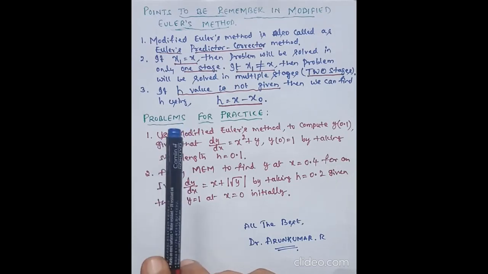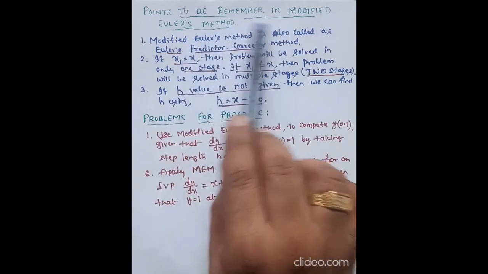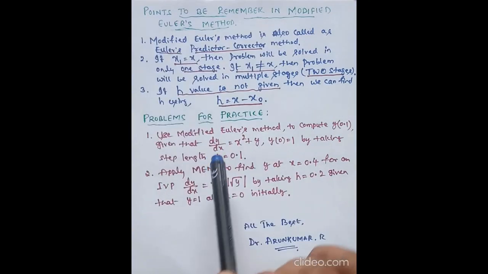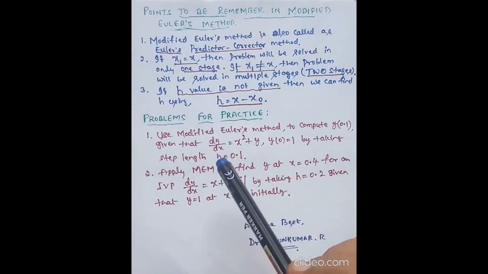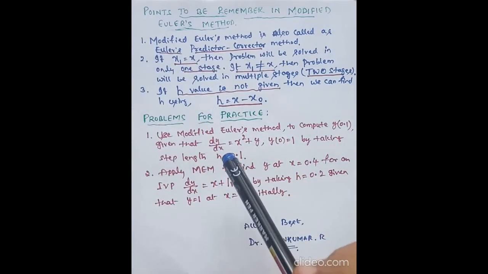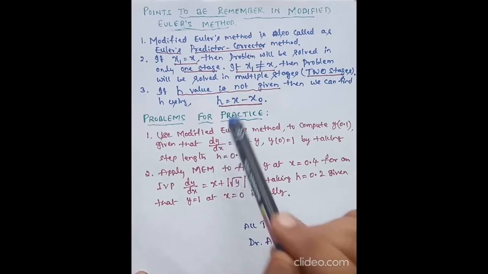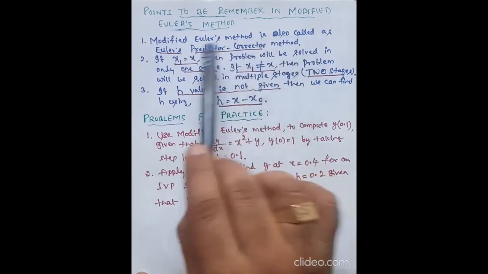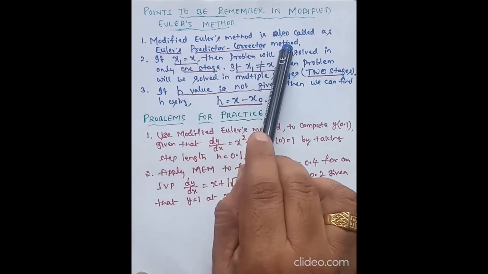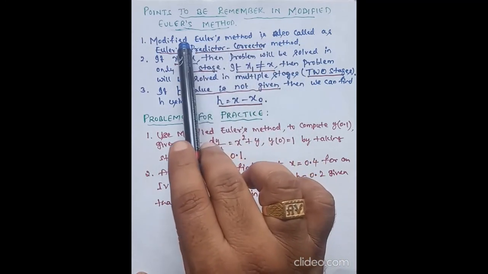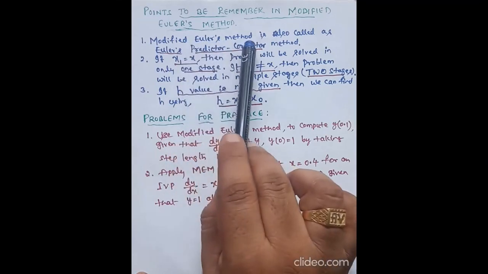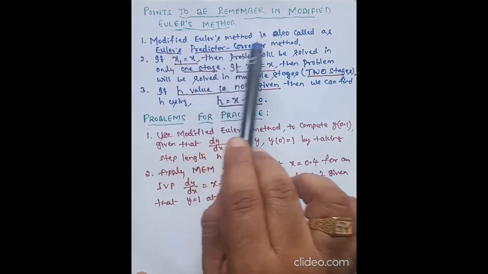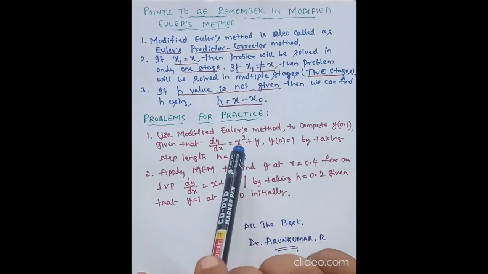Now, points to be remembered in modified Euler's method. So these are the 3 points which are very important in modified Euler's method. So the first one says modified Euler's method is also called as Euler's predictor corrector method. So in the exam, they can ask solve by modified Euler's method or Euler's predictor corrector formula, means same.